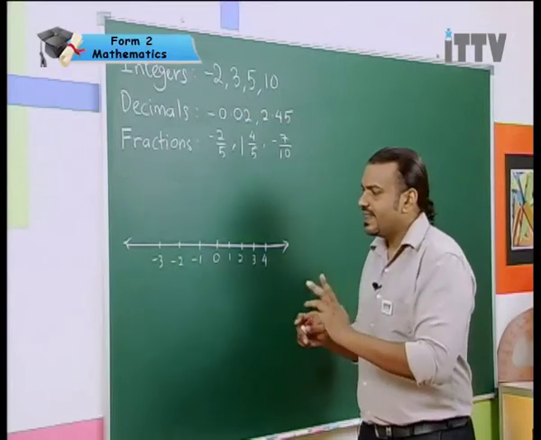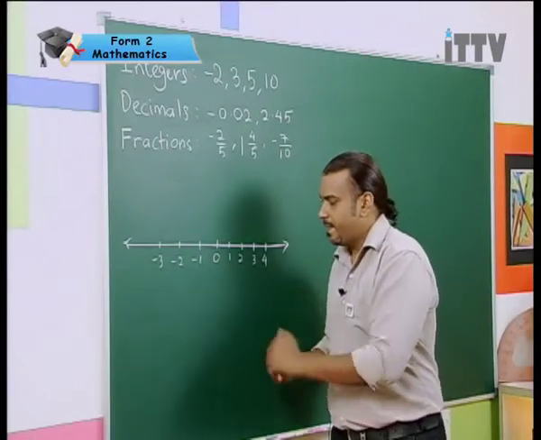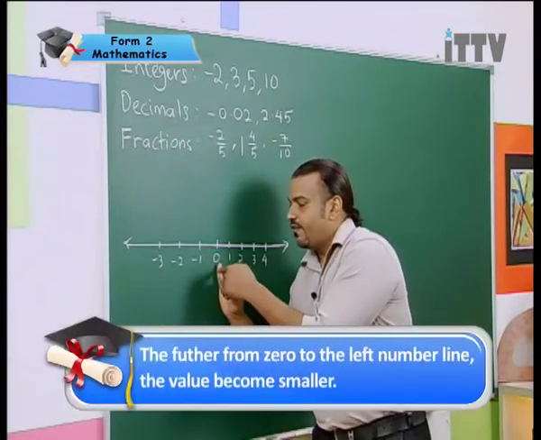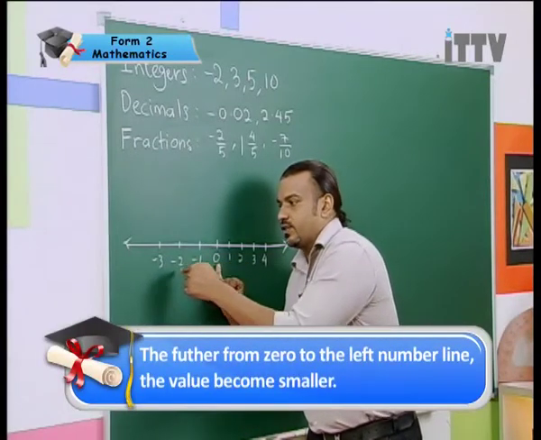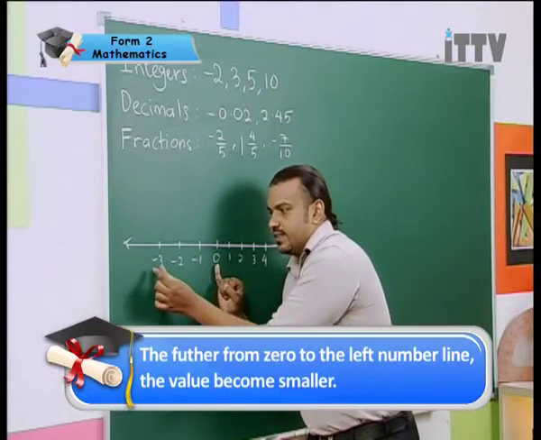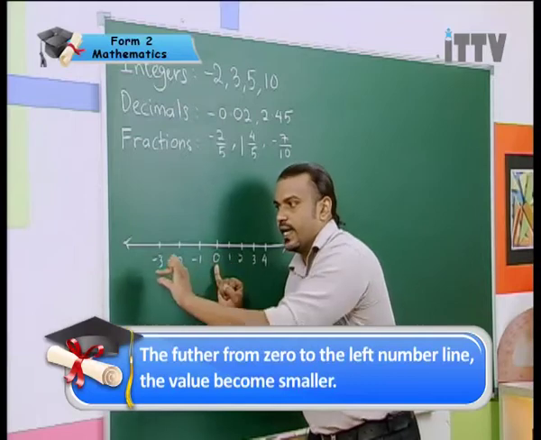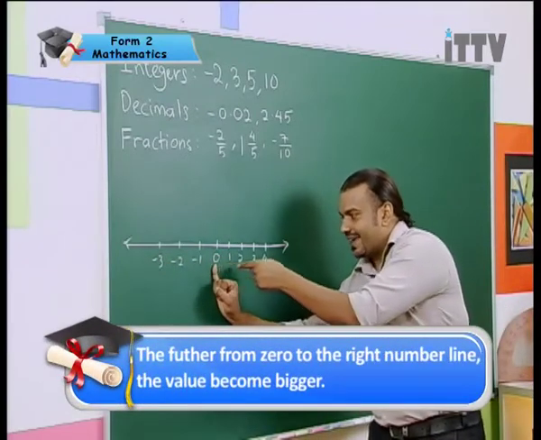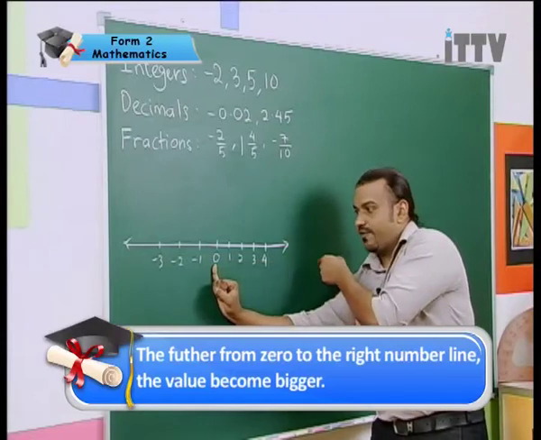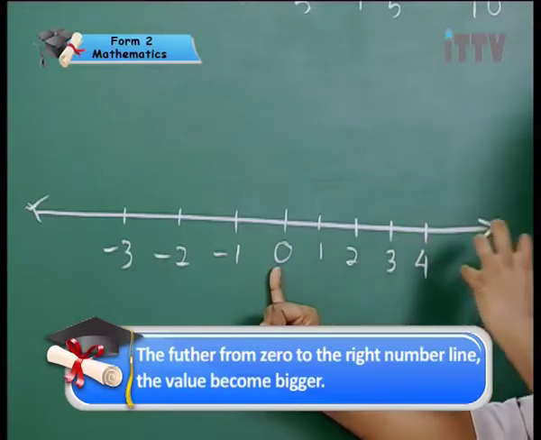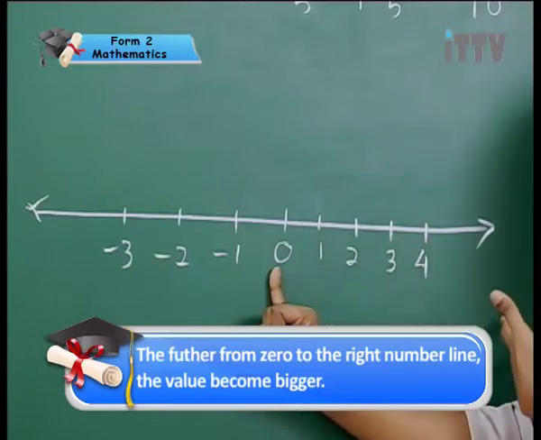Now, there's another thing you've got to see in this number line. Let's say I'm at 0 here, okay? The further from 0 I travel to the left, I will find that the value of my numbers becomes smaller and smaller. However, the more towards the right I travel, I will find that the value of the numbers will keep on increasing, or the value will become greater.